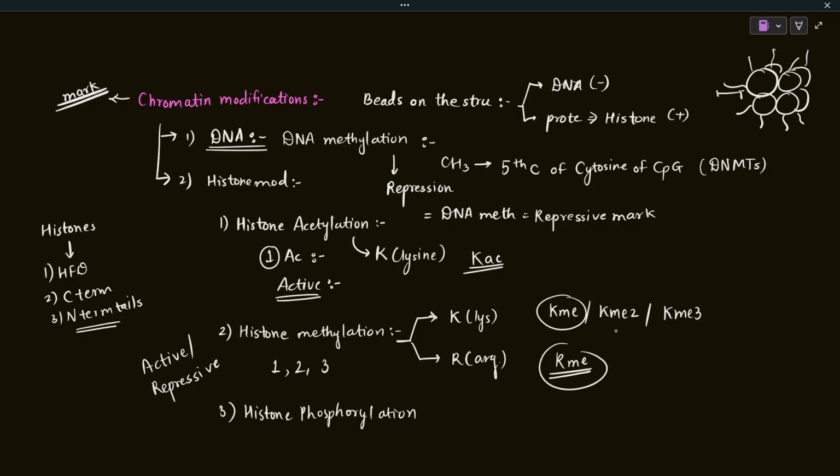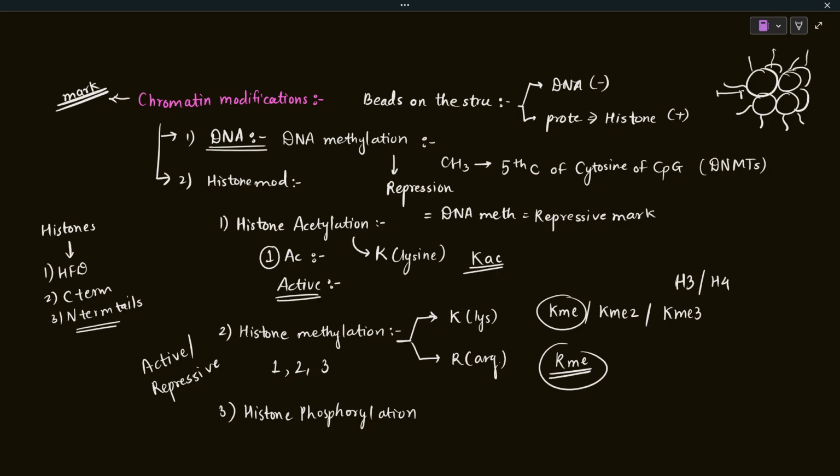Again, how many methyls are added, whether it is one methyl, two methyl or trimethylation, and on which histone it is going to be added, H3 or H4. It depends on that location of addition whether it will be an active mark or a repressive mark.